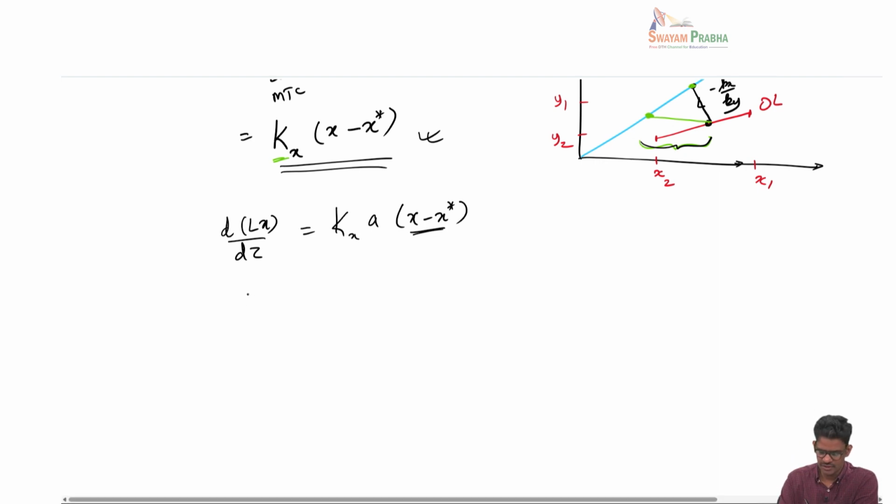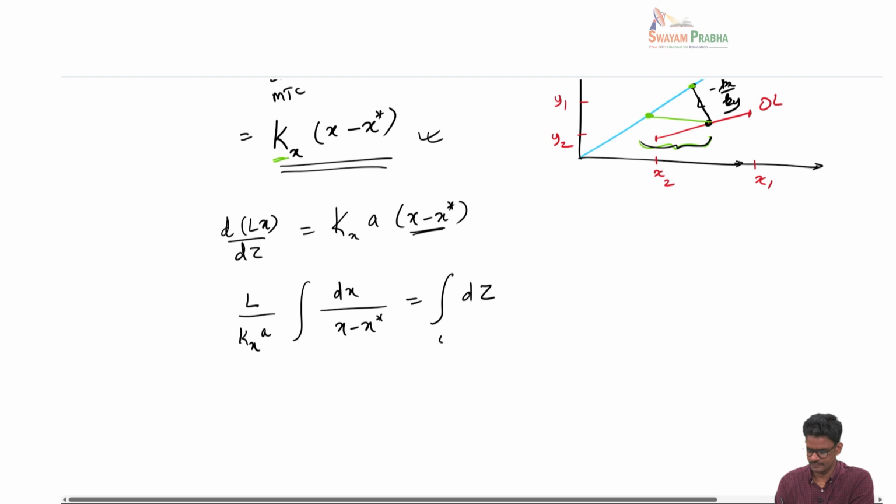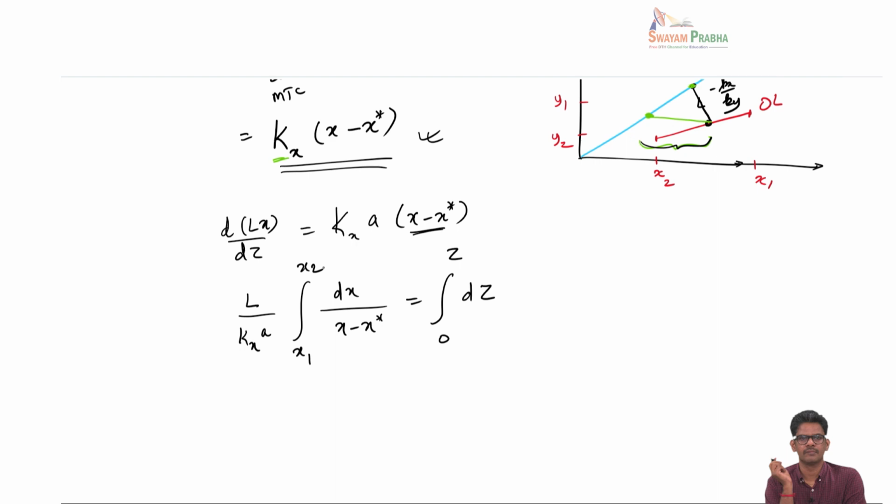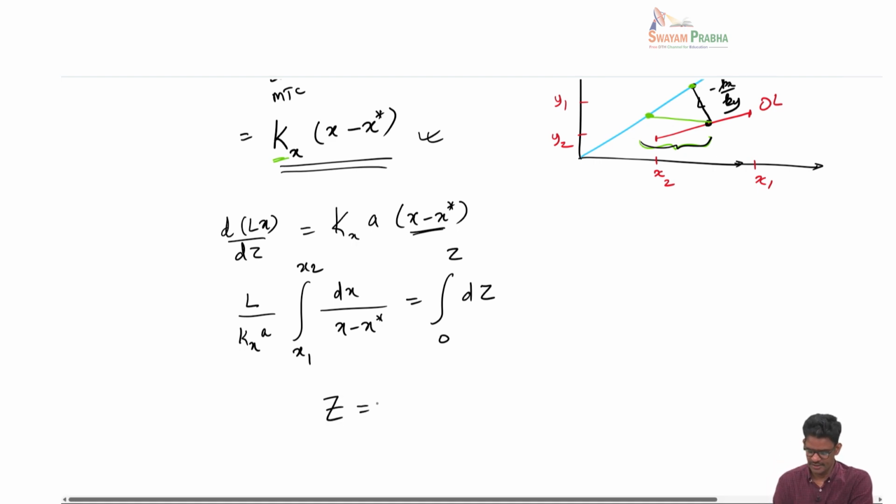So L comes out, so you can see that we still have a similar kind of formula that can be split into two parts.